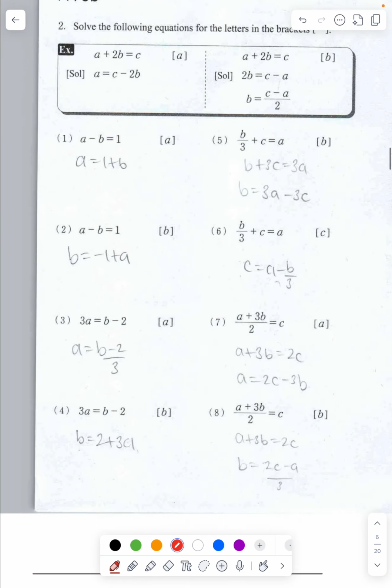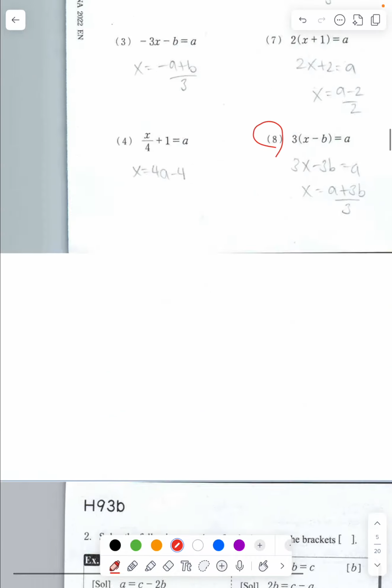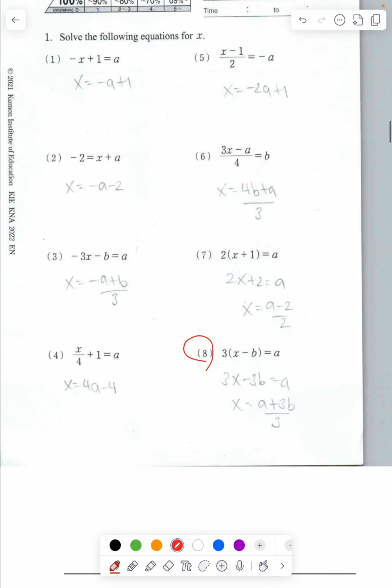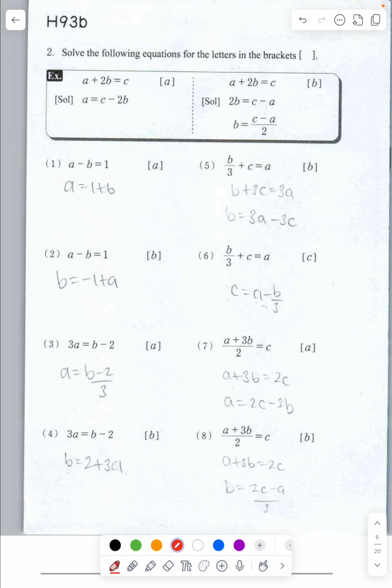Should we divide the 3 to the right side, or multiply the 3 to the right side? Okay, that's good. So your answer is a plus 3b over 3. Very good job.